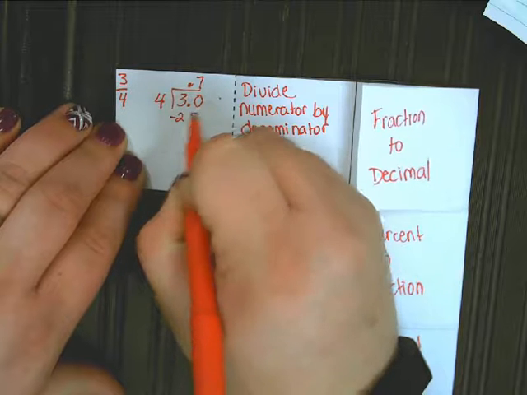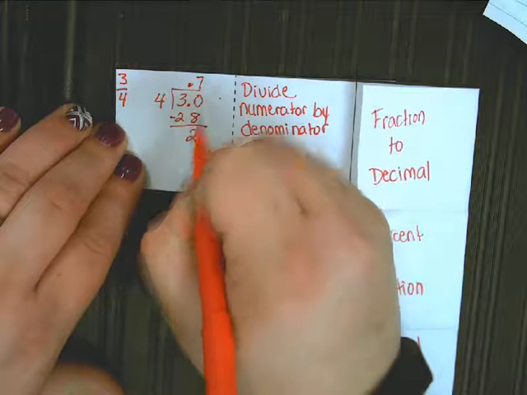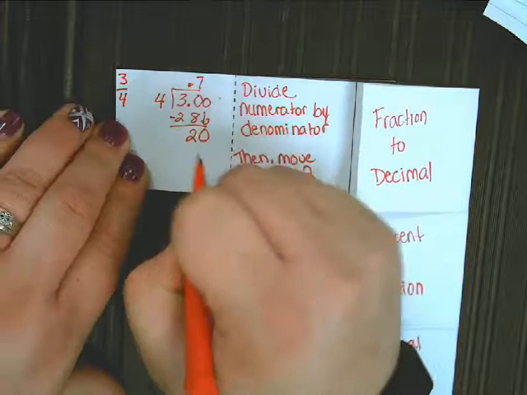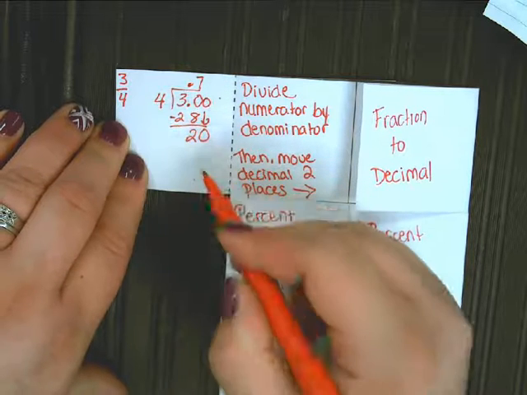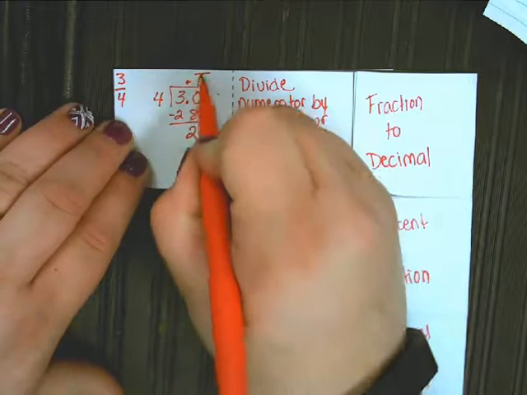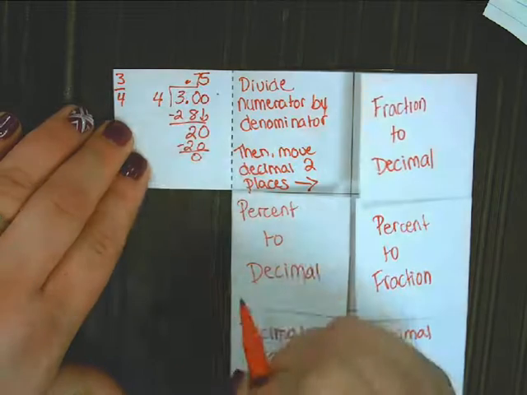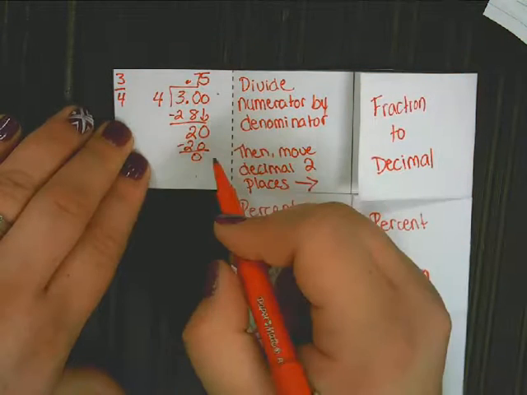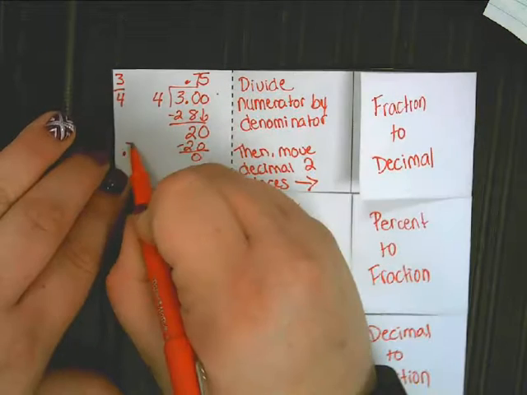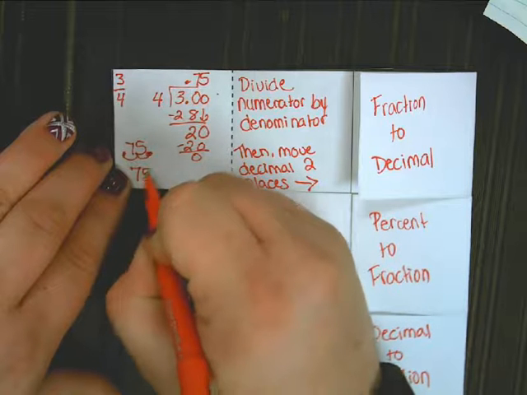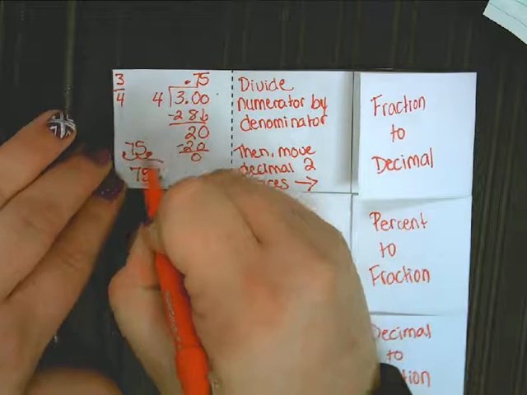I have to keep adding zeros until I get a 0 remainder down here. 4 goes into 20 5 times, which gives me 20. So I have 0 left over. So it's 0.75, but I need to move the decimal 2 places to the right. So I end up with 75%. Make sure you add the percent sign as well.